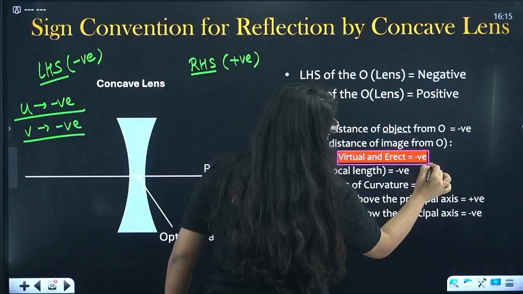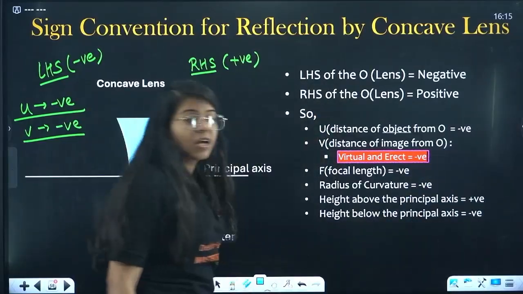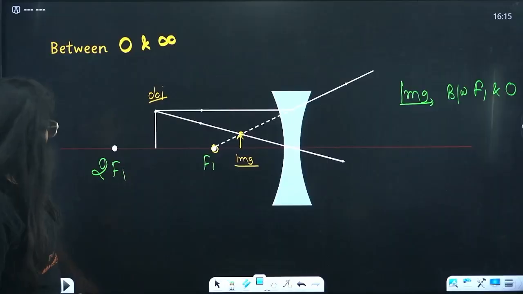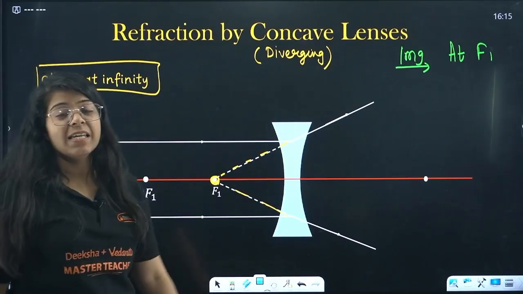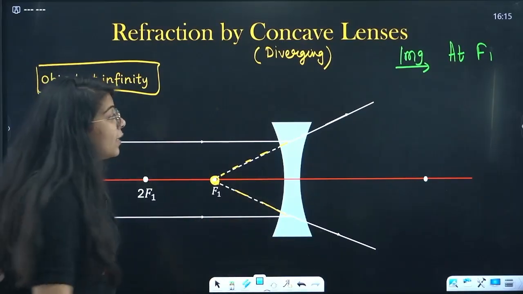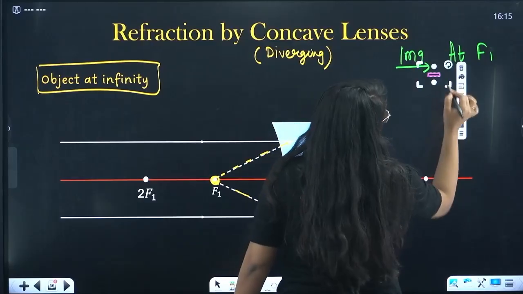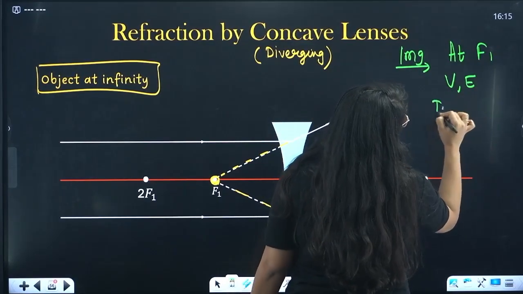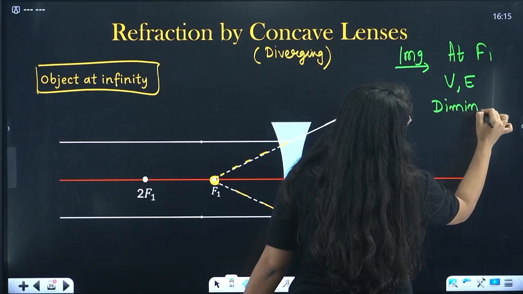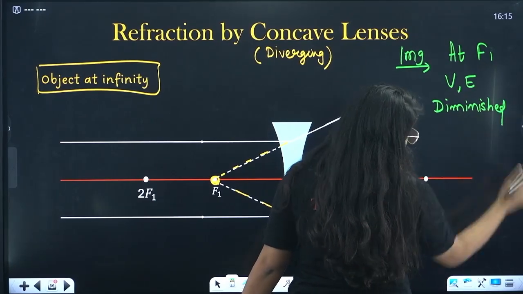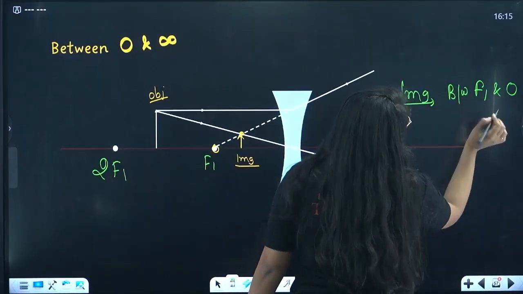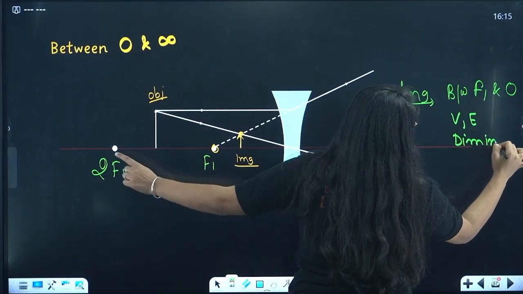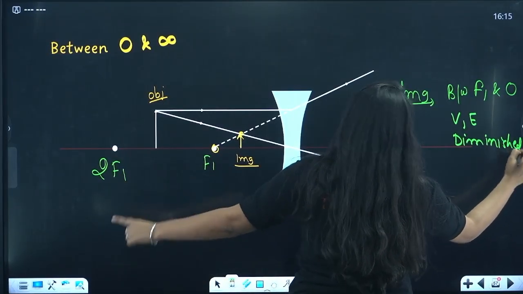So this gives a virtual and erect image. Similar to convex mirror, concave lens will give a virtual and erect image, and it is always diminished. You can see virtual and erect and diminished, right?